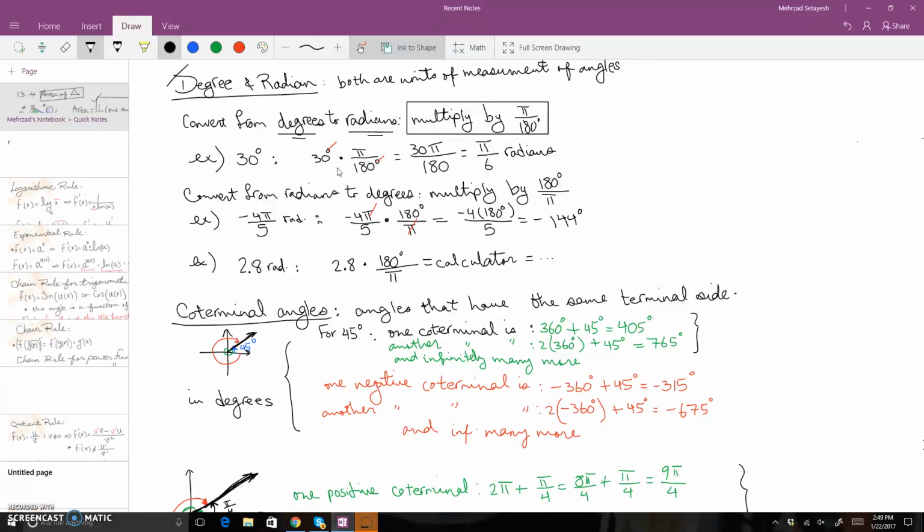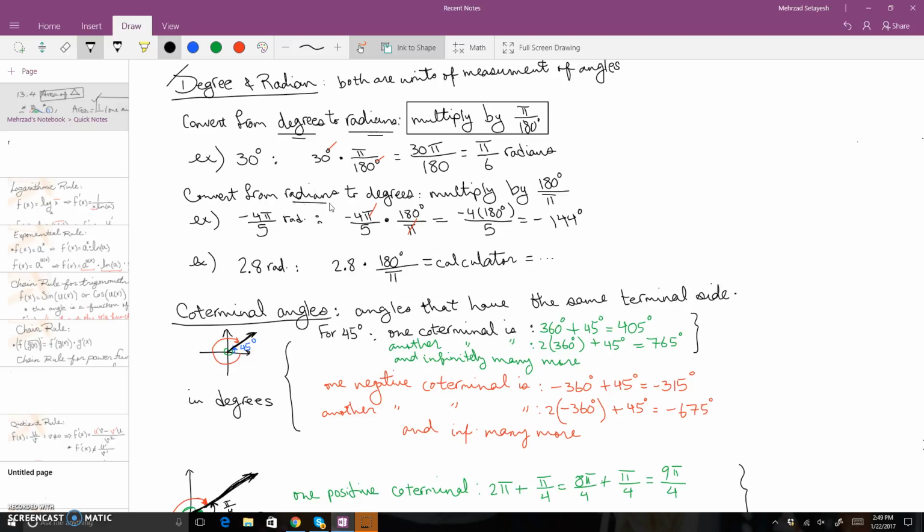So this is a good trick: whatever degree is given to me, for example, 30 degrees, I have to multiply by pi over 180 degrees so that I have degrees in the numerator, 30 degrees, and degrees in the denominator, 180 degrees, so that the degrees cancel out. So here we get 30 pi over 180, which simplifies to pi over 6 radians.